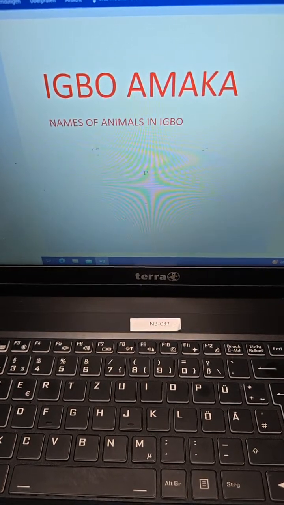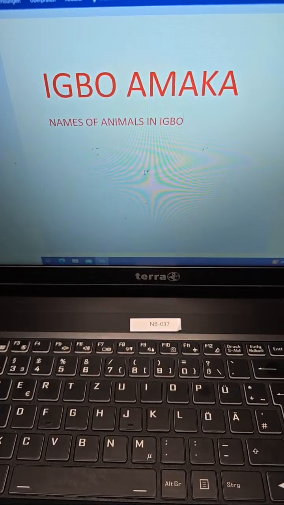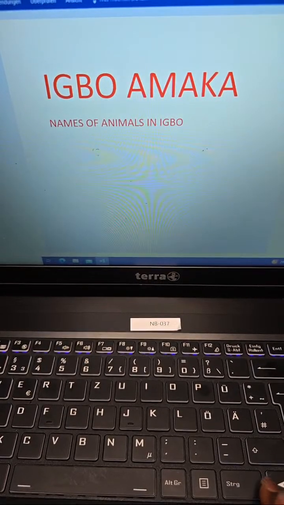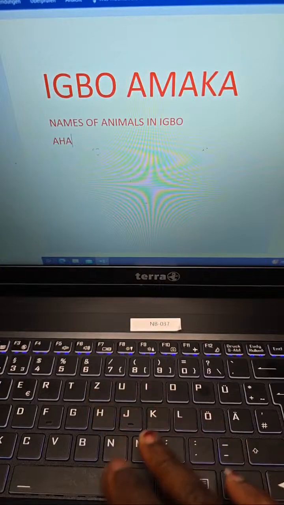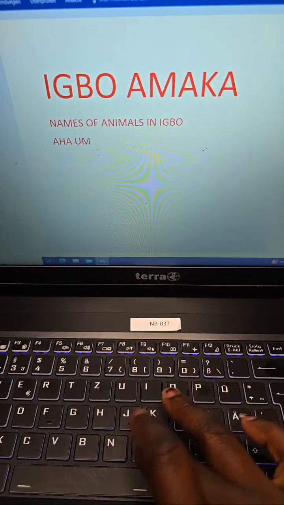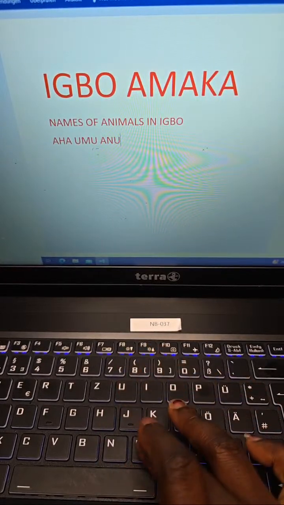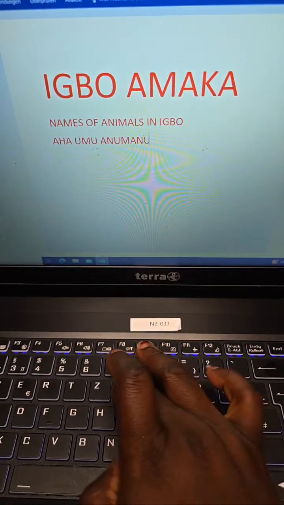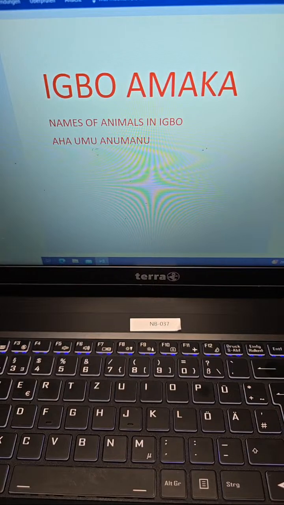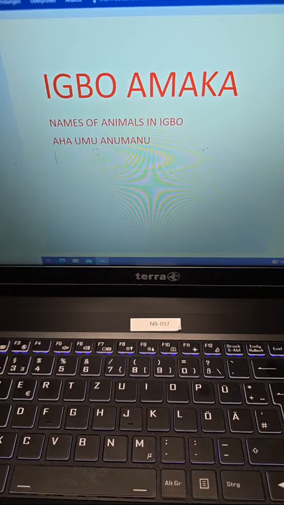Names of animals in Igbo, which is aha ụmụ anụmanụ.